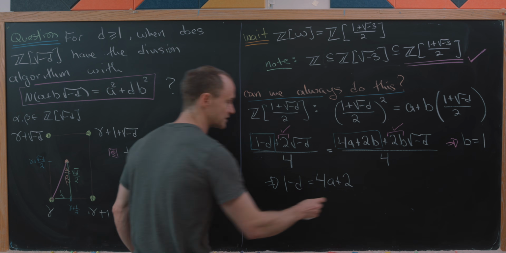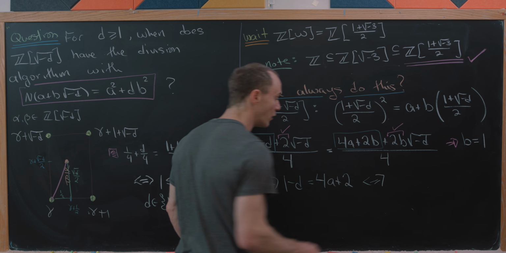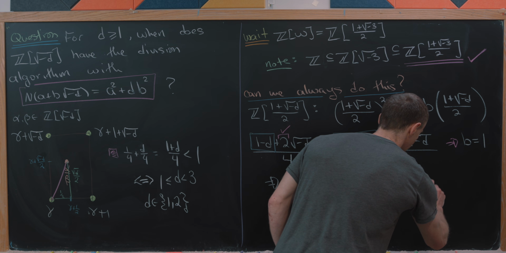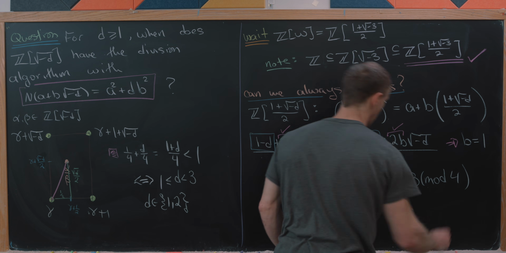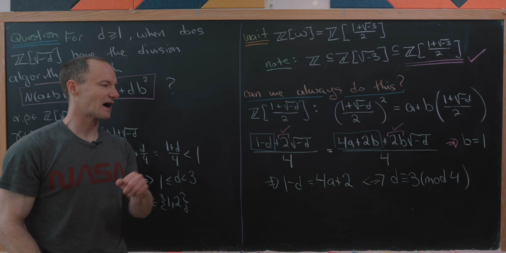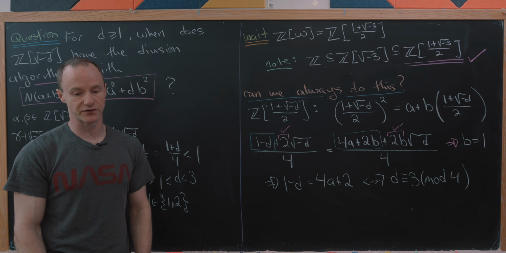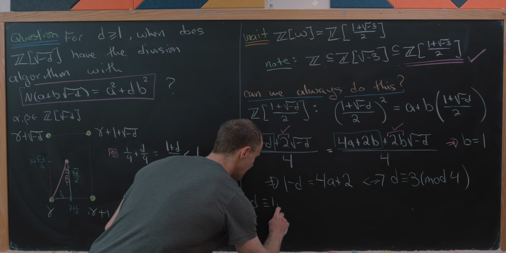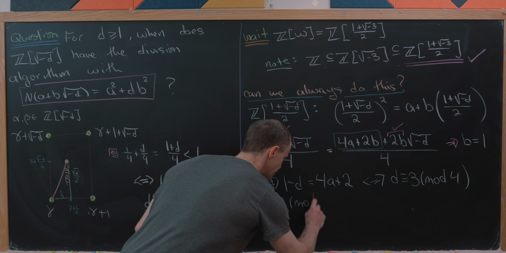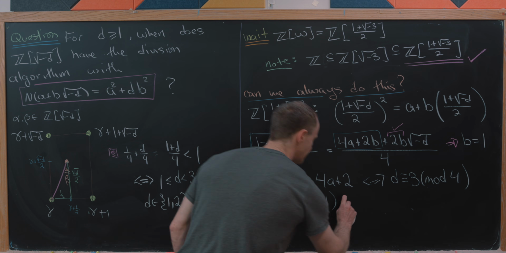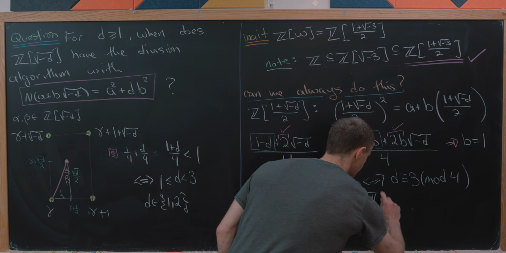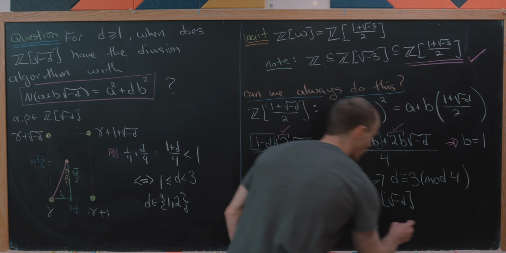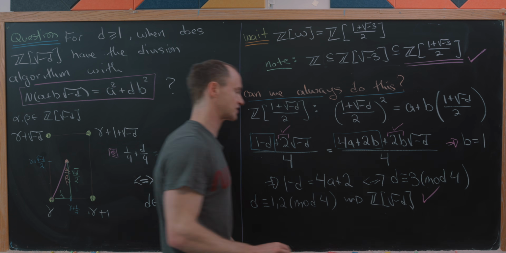But now let's observe that that is equivalent to saying that d is congruent to 3 modulo 4. In other words, when we divide d by 4, we get a remainder of 3. So that brings us to the following summary. If d is either congruent to 1 or 2 mod 4, then that means that Z adjoined the square root of minus d is the correct extension of the integers to look at.